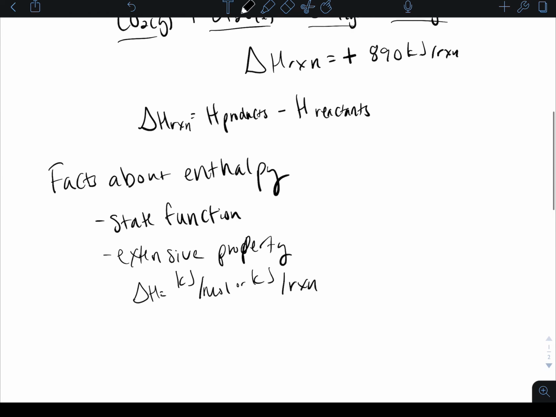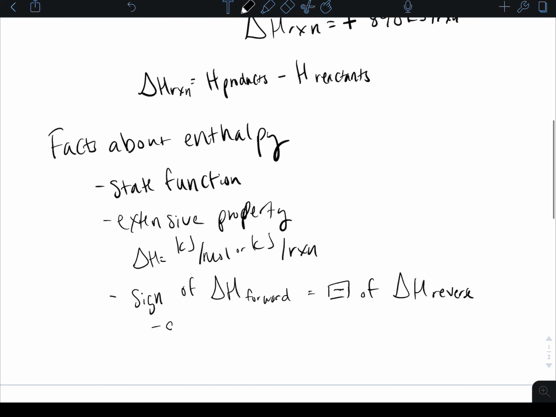And then the sign of delta H in the forward direction is equal to the negative of the delta H in the reverse direction, but they are going to have the same magnitude. Just a different sign.